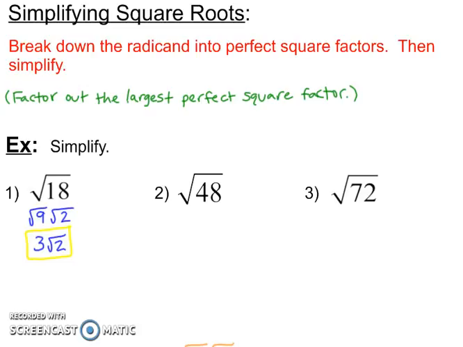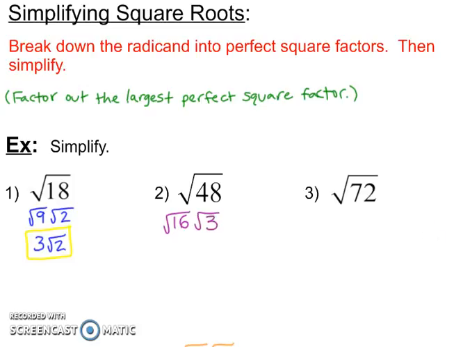Go ahead and copy number 2. We're going to simplify radical 48. You might have to think a little bit harder for this one to figure out what the largest perfect square factor of 48 is. It's actually 16, because 48 equals 16 times 3, so root 48 equals root 16 times root 3.